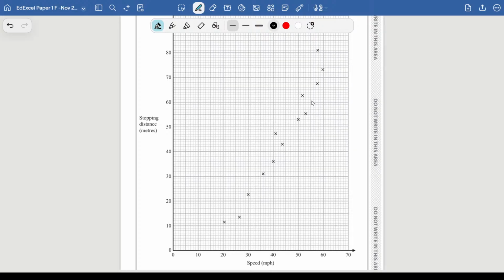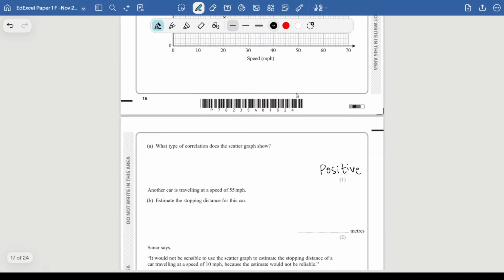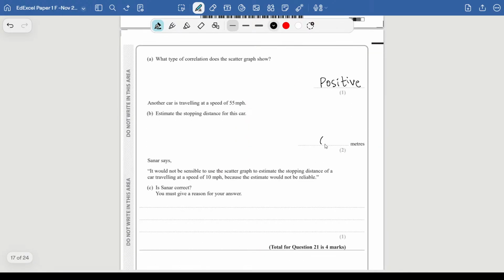Well, I see it can be somewhere here, maybe 62 meters, because when I draw a line of best fit, based on that line, it can be around 62 or somewhere here, 65 maybe. So I'm going with 62 meters.